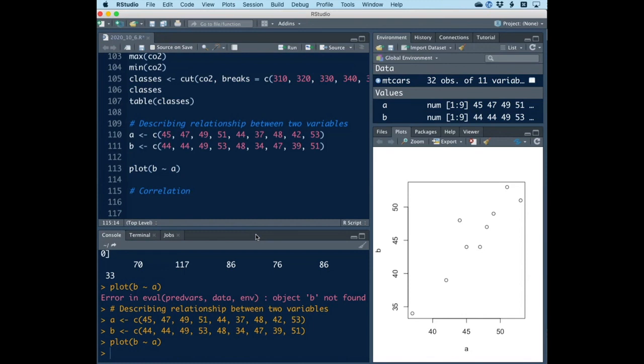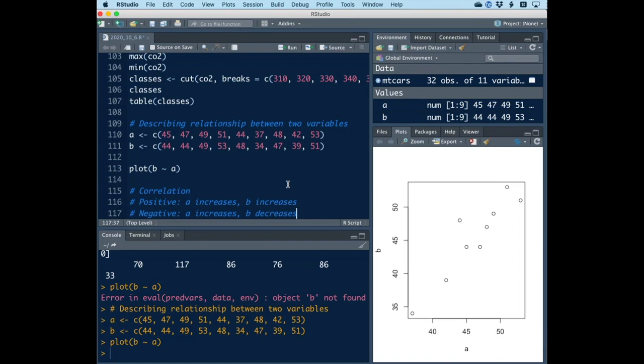So correlation can be either positive, that means that A increases, B increases, or it could be negative. That means A increases, B decreases, or the other way around, of course.